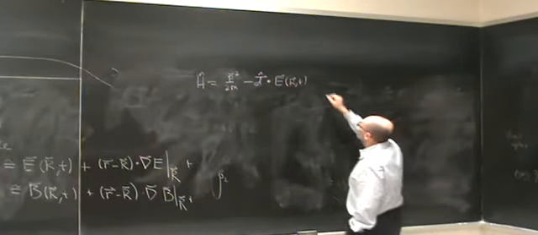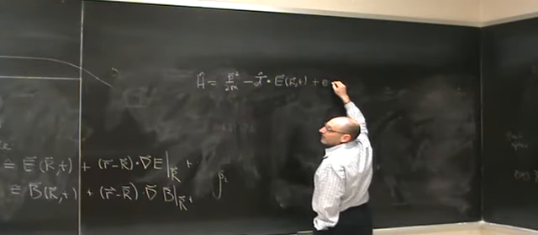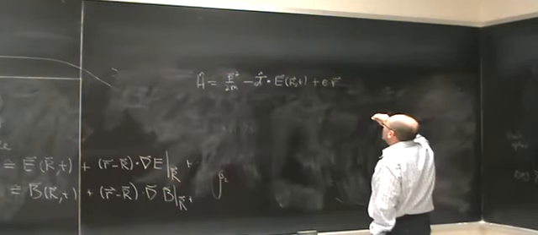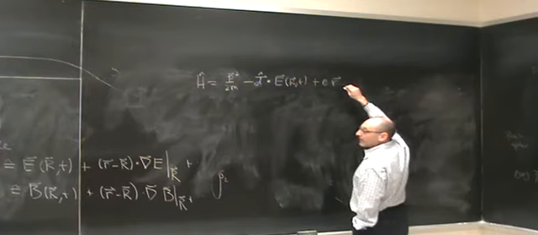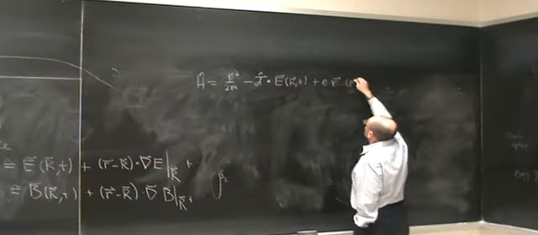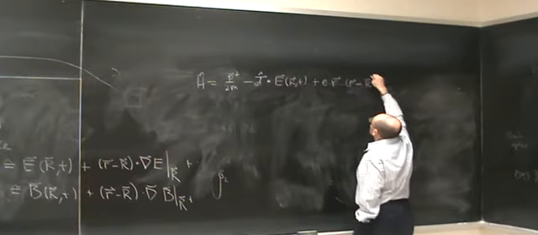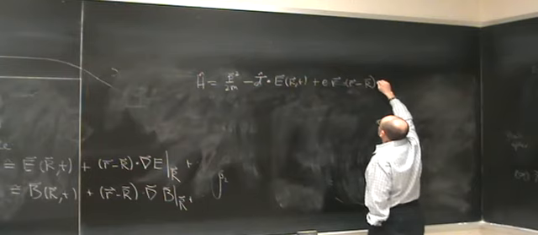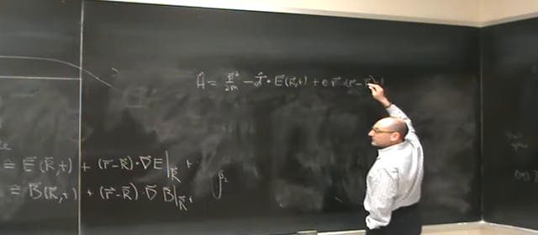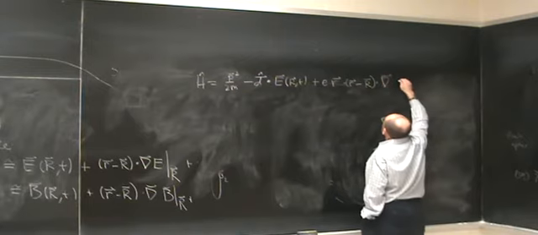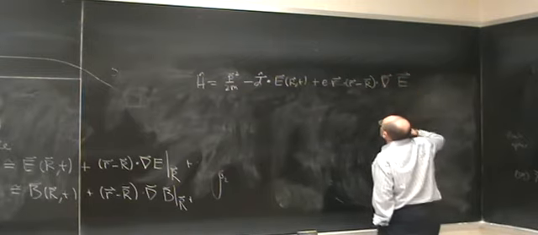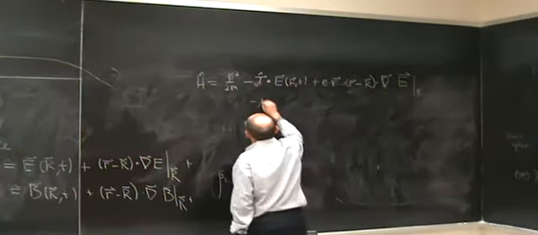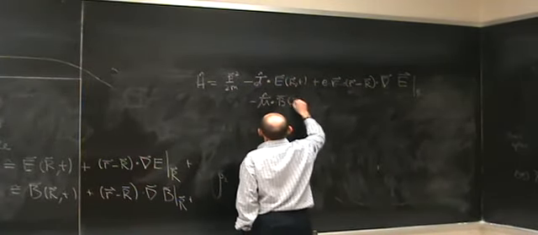Then I have a term that looks like this, plus E, r, dotted into the gradient of E, evaluated at R. Then I have terms that are like this, and I'm not going to expand beyond that.